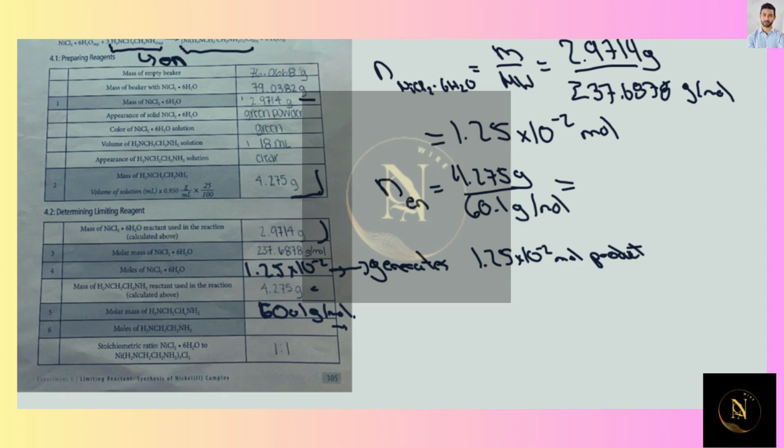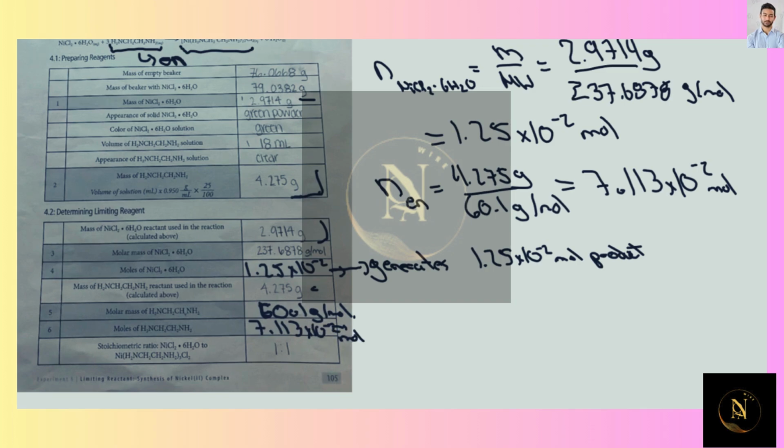This is going to give us 7.113 times 10 to the minus 2 mole, which is the quantity that I'm going to plug in here. 7.113 times 10 to the minus 2 mole.